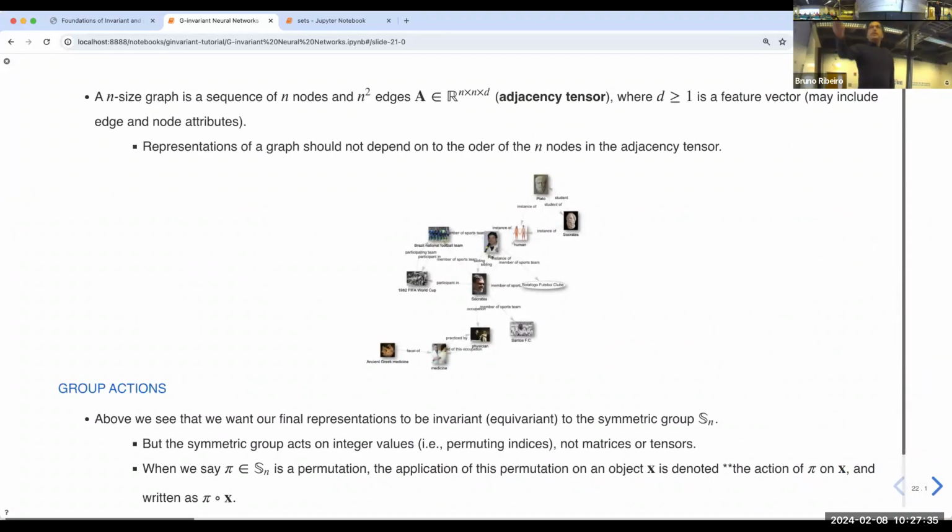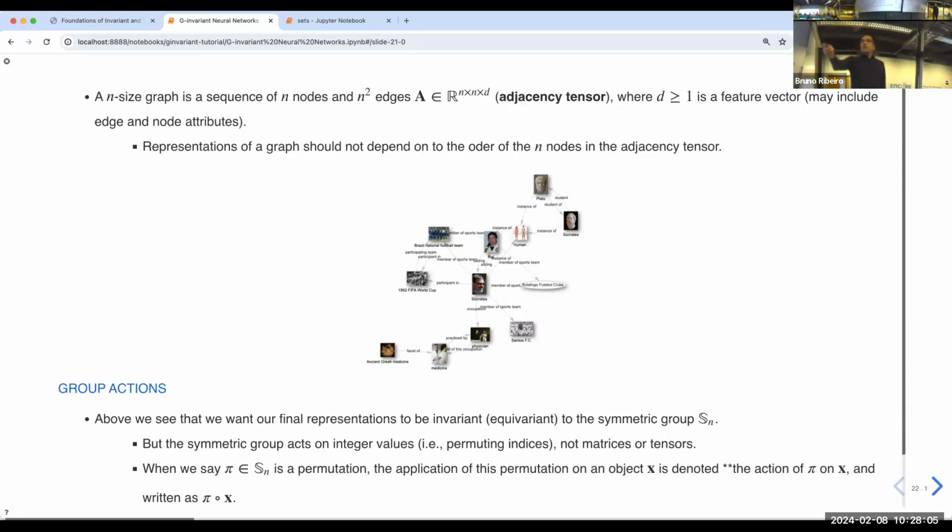Another example is an n-size graph sequence, where you have n nodes and at most n squared edges, and each edge can have a type. So later we'll see this is an adjacency tensor, because the edges can have types and the nodes have features. But in any case, a graph can be seen as another object that is invariant under permutations of the nodes in this adjacency tensor.